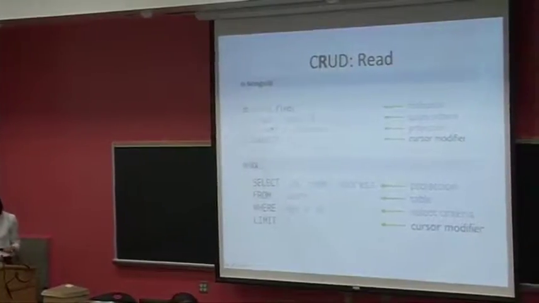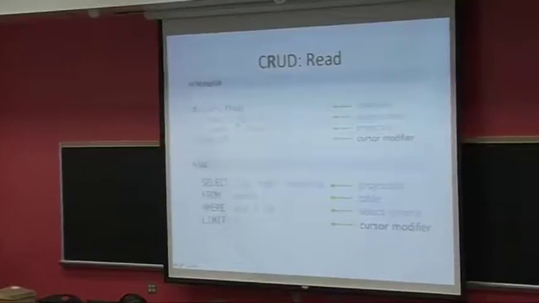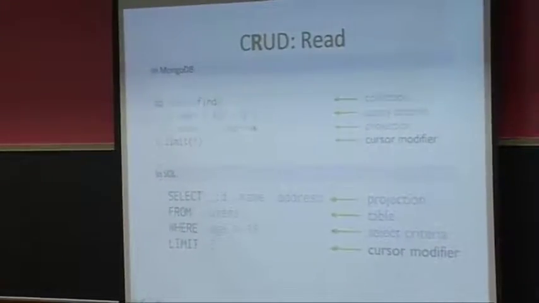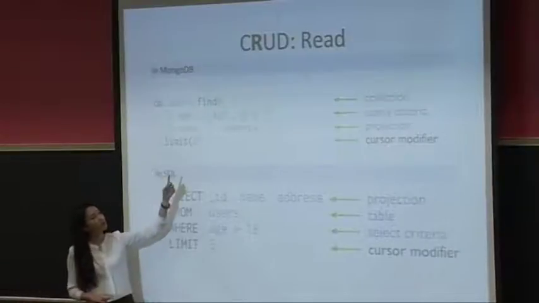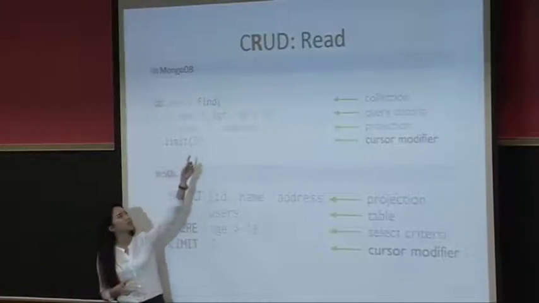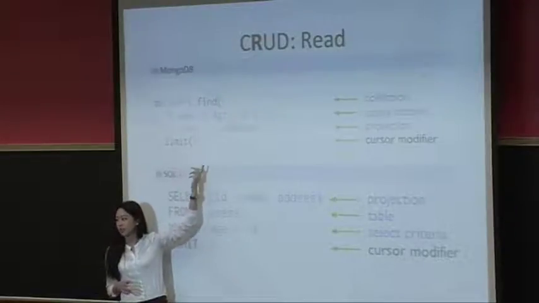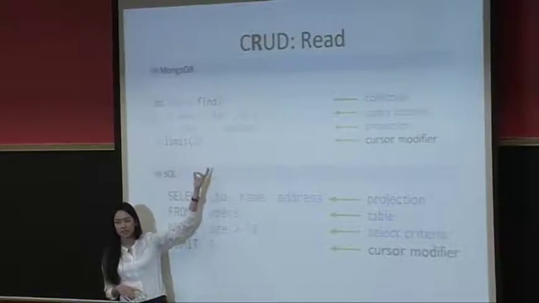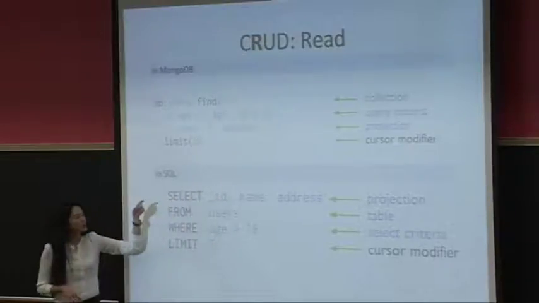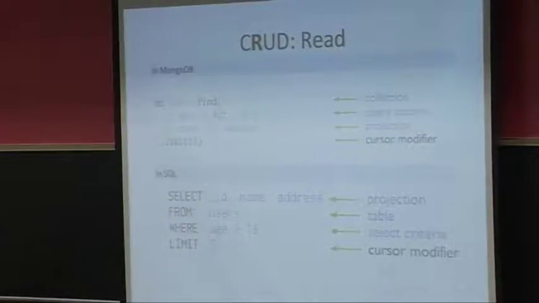Based on this criteria, which is age greater than 18. In MongoDB, the comparison operator is a bit different. They use the dollar sign, and then GT means greater than, and LT means less than. GTE means greater than or equal to. Later I will show you. This is a bit not so intuitive, but that's how they do it in MongoDB.